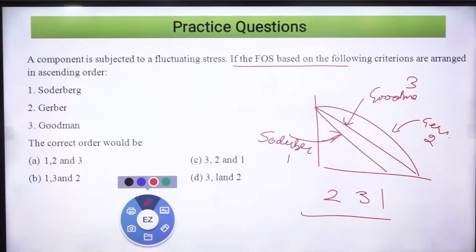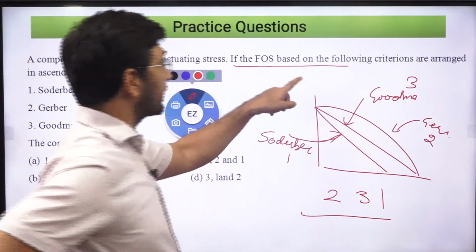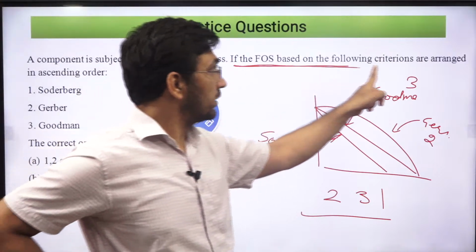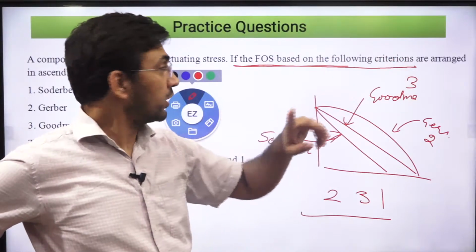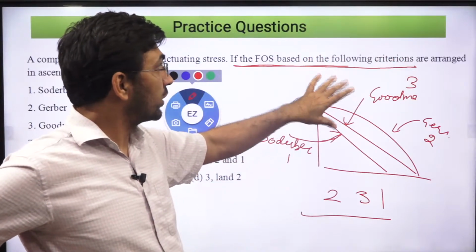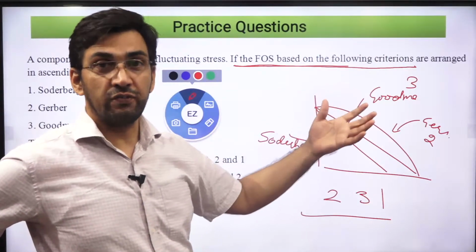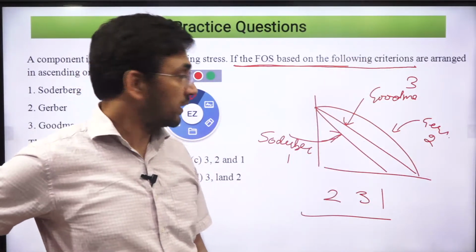So I think this statement may not be correct the way it is represented. You can only think this way. We are not applying the factor of safety. We are talking in terms of which one is more conservative. When you are more conservative, you are more safe. So indirectly, you have a factor of safety that way, right?